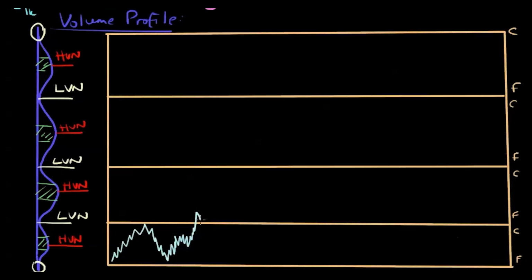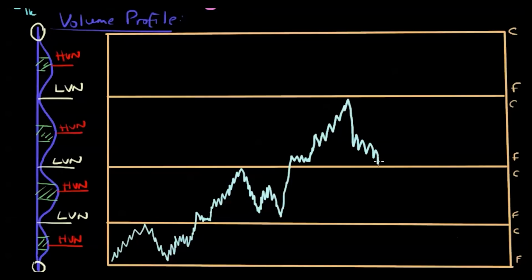Then it breaks it, holds it, moves higher, uses this as resistance, maybe trades in here for a while, then breaks it, uses that, trades that, maybe false breaks that, comes back above. Overall, very, very bullish market.